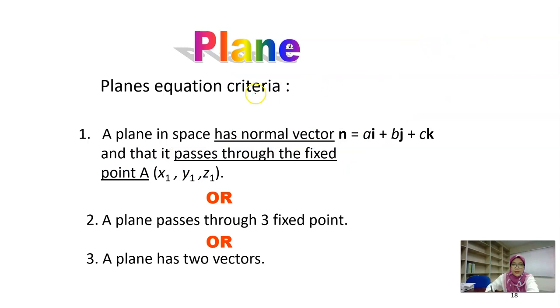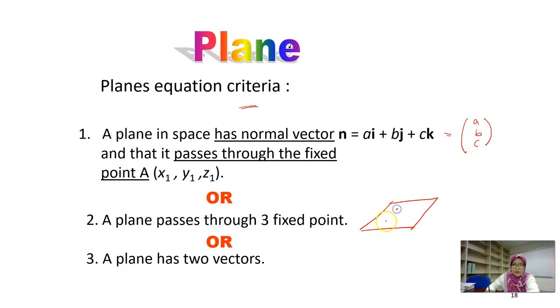So for our plane it requires criteria as follows. A plane in space has normal vector n, a b c. Whenever you have a plane, there must be a normal vector, and it passes through a fixed point A, x1, y1, z1, or you have a plane that passes through three fixed points. For example, like this is your plane.